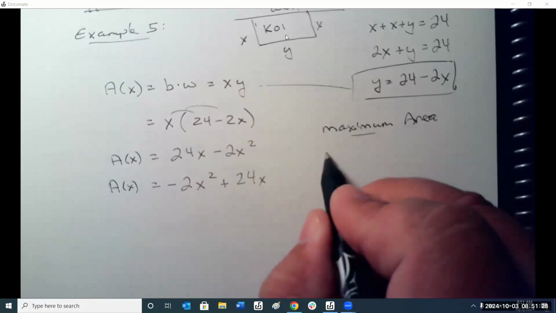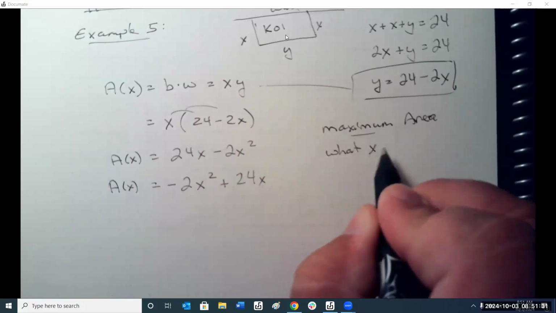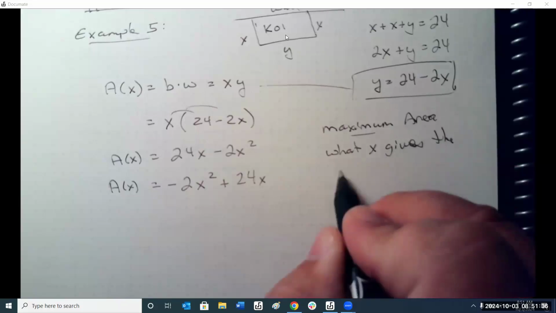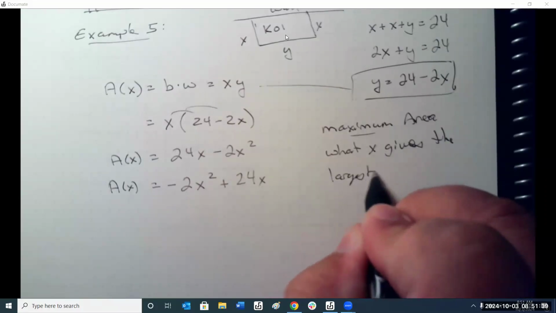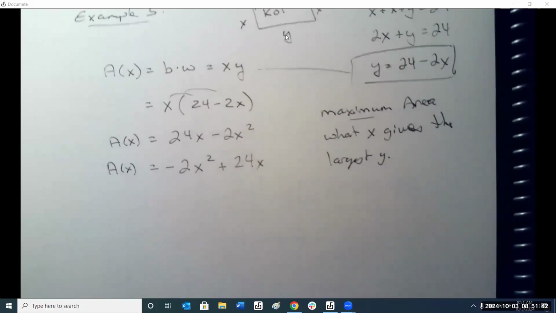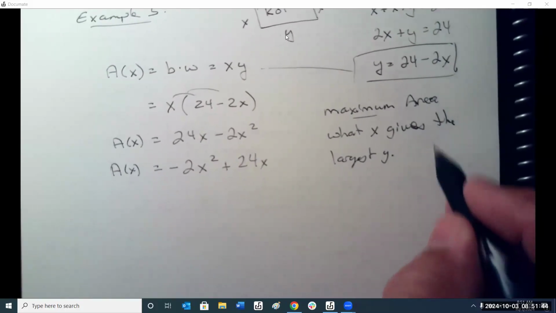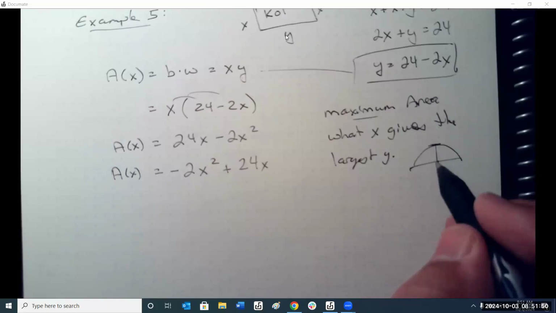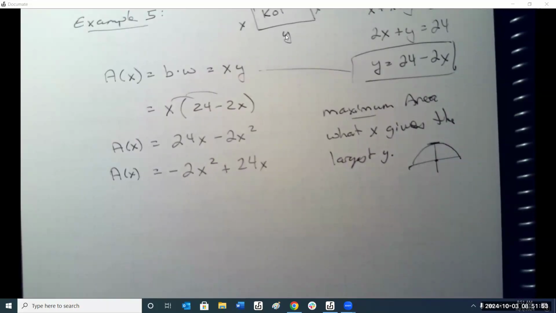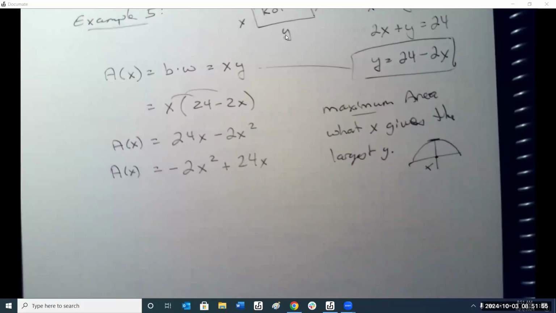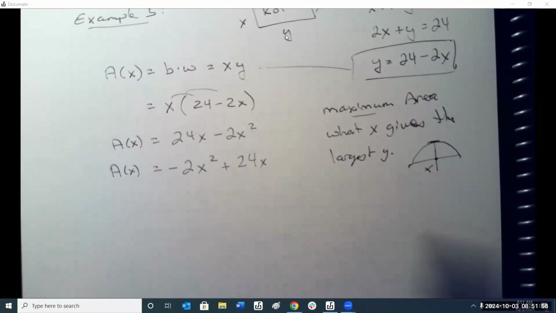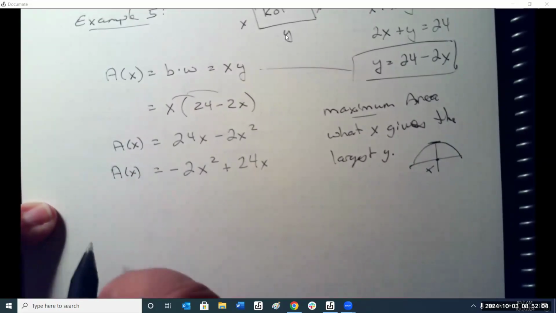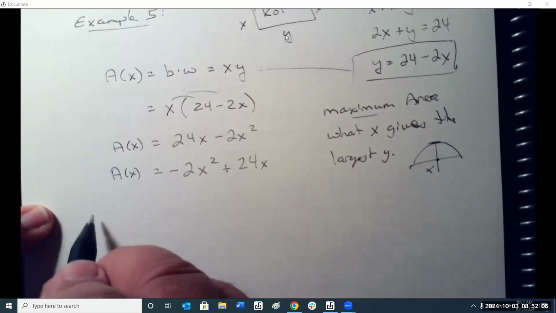that's asking what x gives the largest y value. So if we were to graph this, this value here would give the highest y value. So we'll just look at the value of x. All right, so let's go ahead and solve this. So where's the vertex?